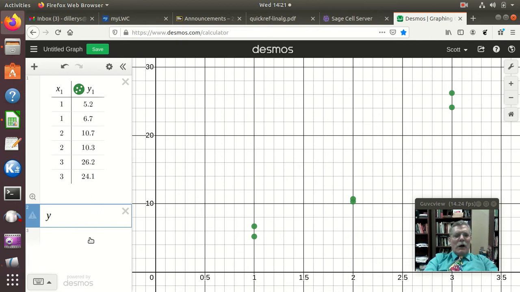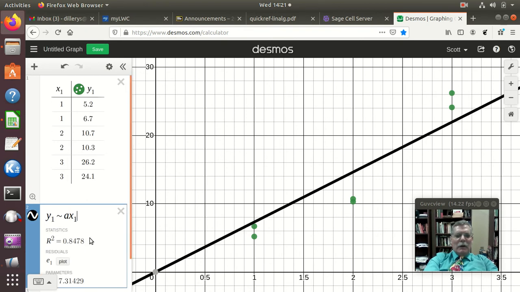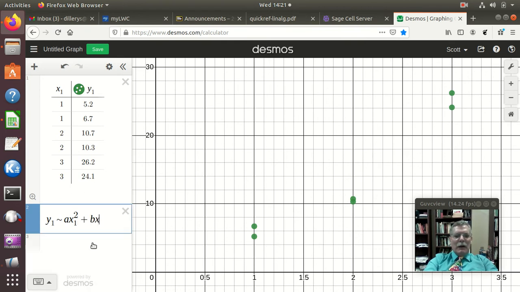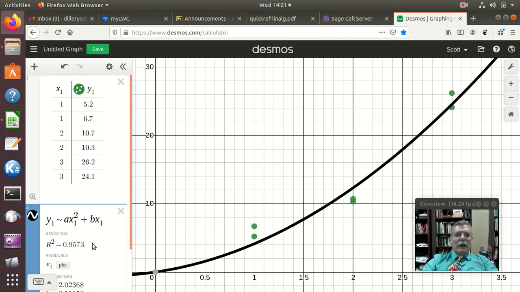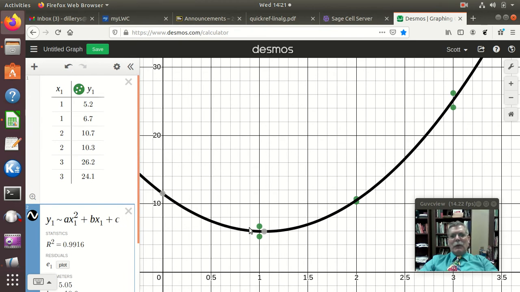If I say Y1, so this will do a least squares, instead of saying equals, use a tilde, the little squiggly thing like that, and then AX1 squared, and notice it starts giving me stuff down here, plus BX1, and then plus C. And I'll make this go out a little bit, and so we can see the fit.